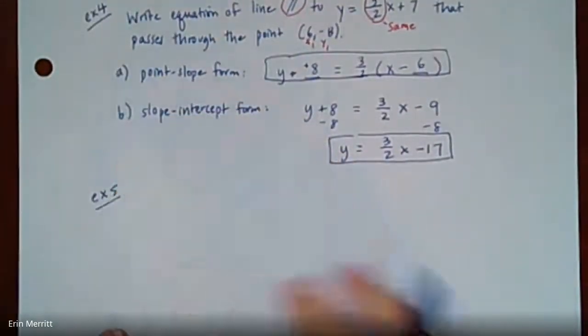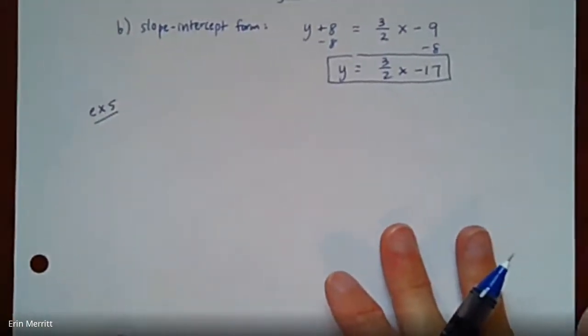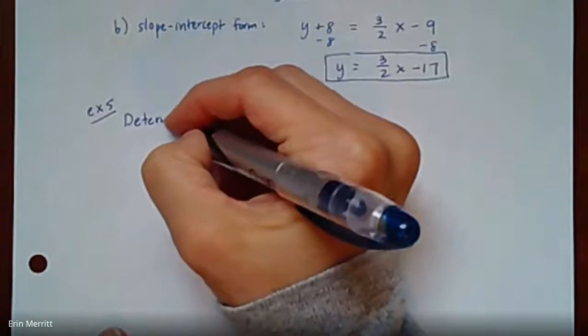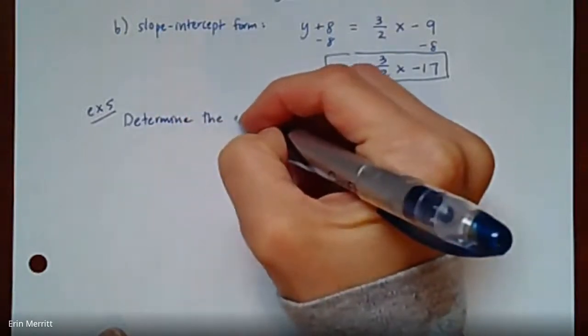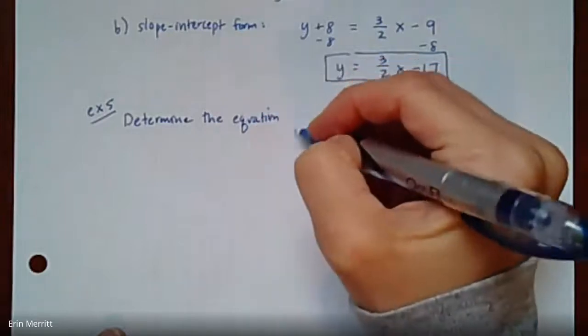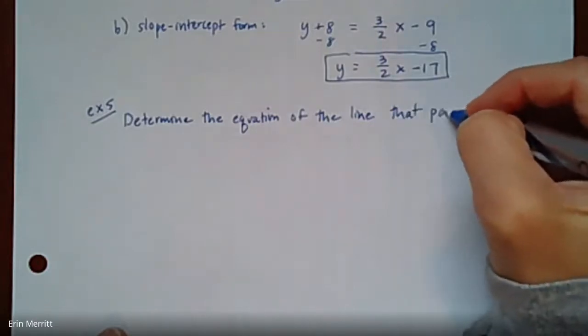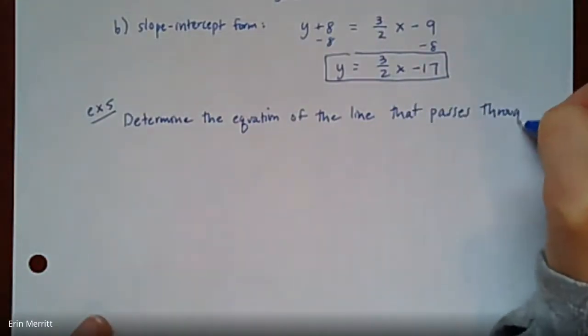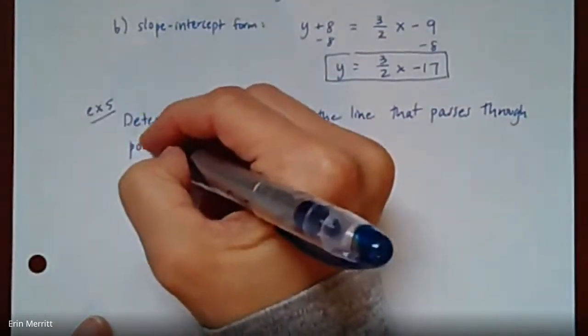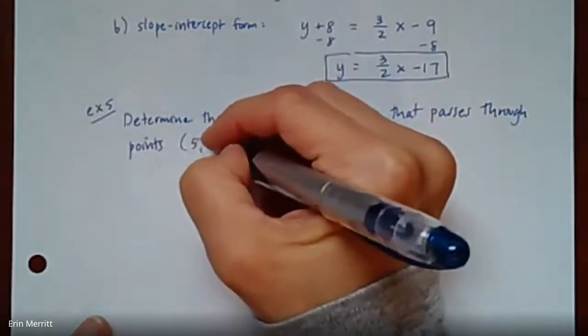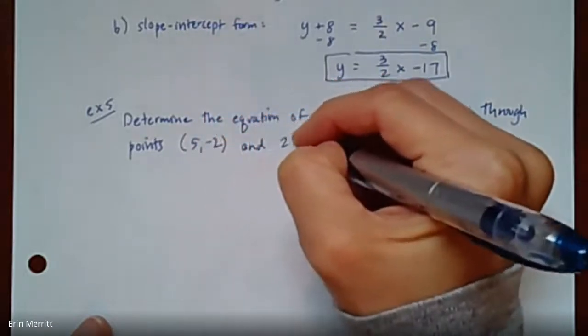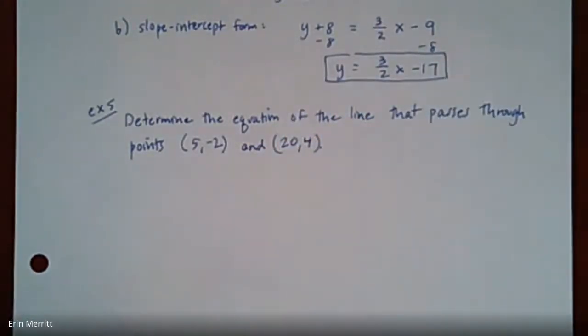All right, for example 5, this time you got to do a little bit more work. So determine the equation of the line that passes through the points 5, negative 2, and 20, 4.